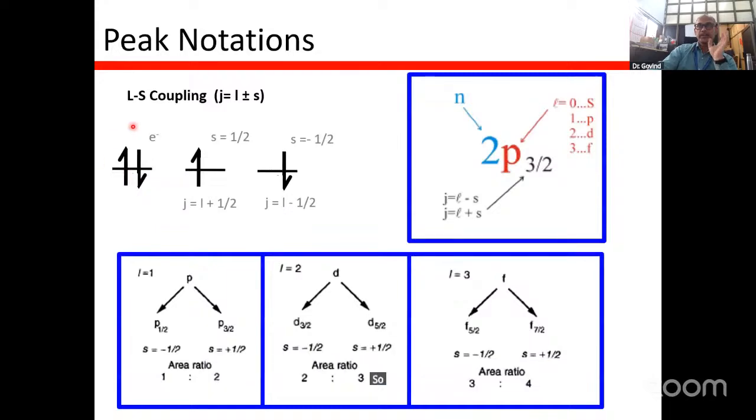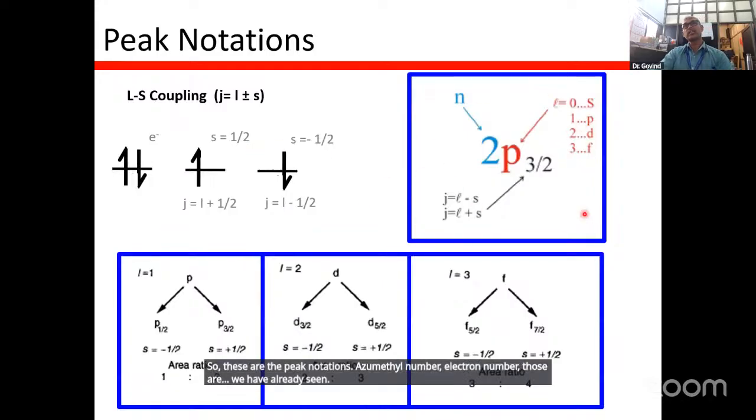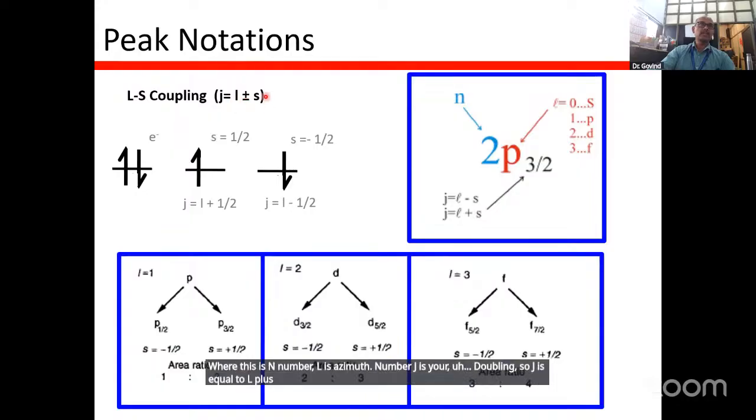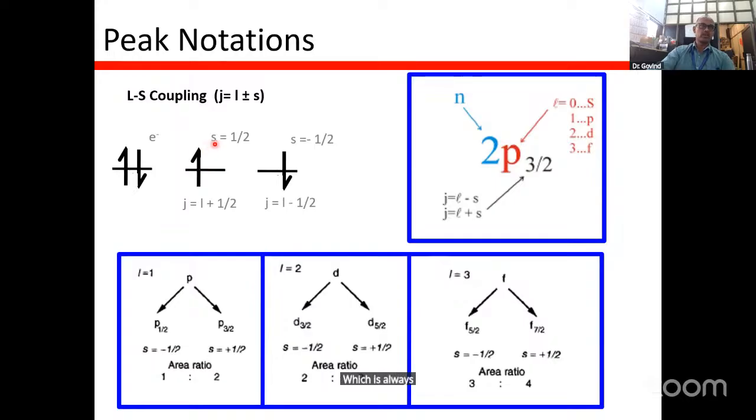So these are the peak notations. Azimuthal number, electron number, those we have already seen. In XPS you will always find notation like 2p 3 by 2, where 2 is the n number, p is the azimuthal number L, and J is your coupling. So J is equal to L plus or minus S. S is your spin, which is always positive or negative, so S may be plus half or minus half.